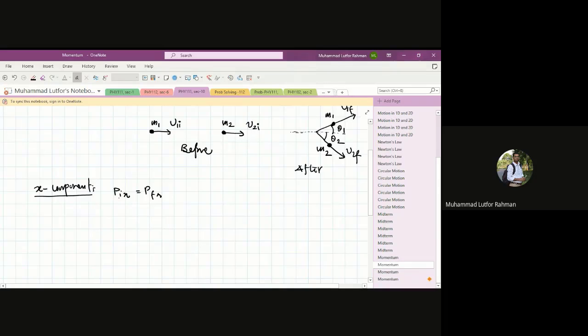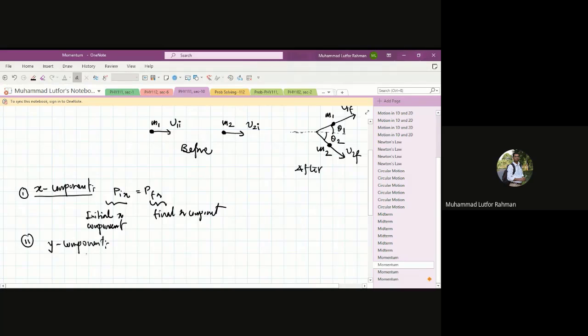This is the initial x component, and this is the final x component of momentum. And the second condition is the y component.